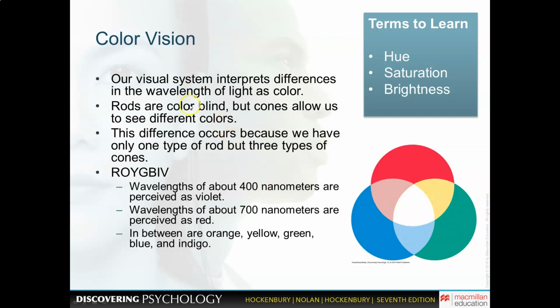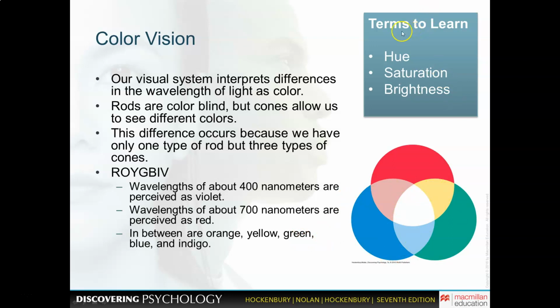Rods are colorblind, but cones allow us to see the different colors, so be aware of that. Don't worry about all the nanometers and that kind of thing about perceiving colors, unless you're extremely interested and want to go into this field for your work or your field of interest.